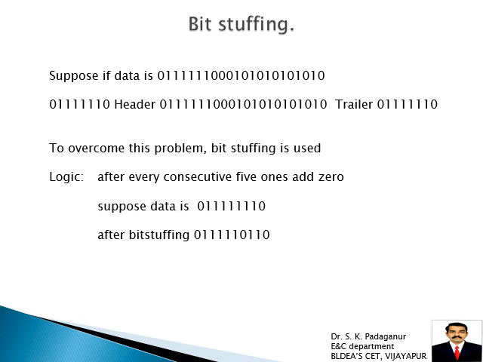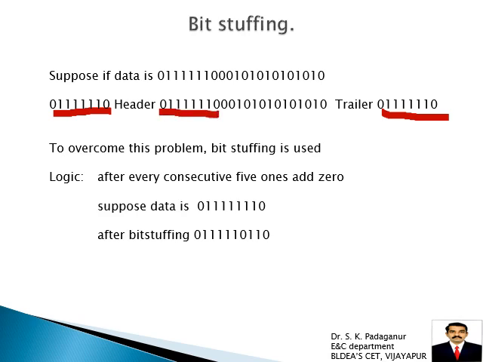So if the data is like this, 0 1 1 1 1 1 1 0, then the remaining bits like this: 00 10 10 10. In this case, the frame is constructed like this: the flag as usual, the flag at the end, but in the data, the data itself is 0 1 1 1 1 1 1 0.